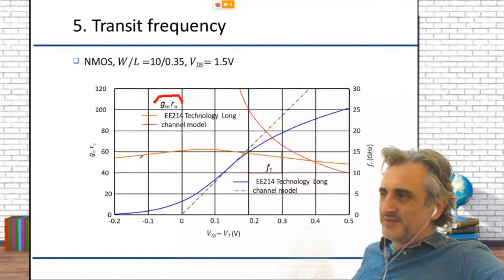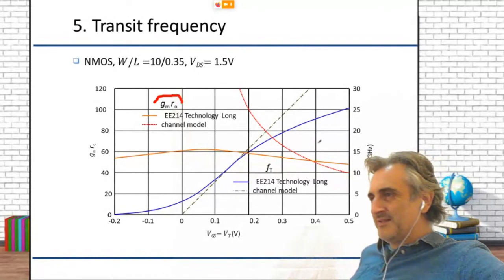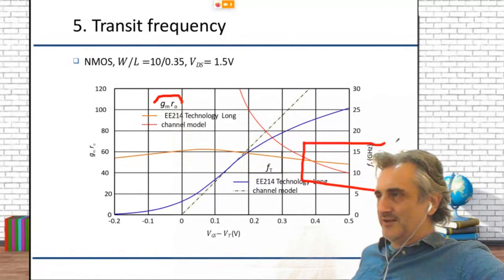So the model and the actual measurements are quite different. But anyway, when we are in saturation, in this region, we are getting more or less the correct values, around 60, 40.